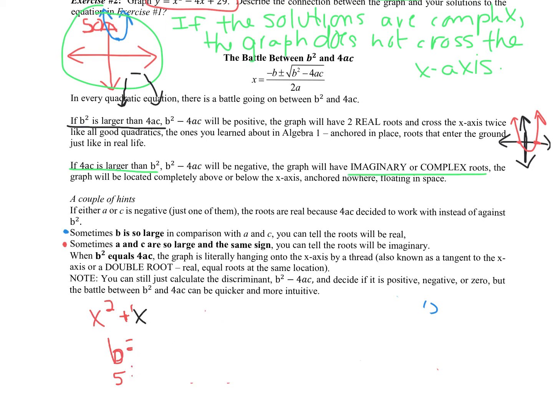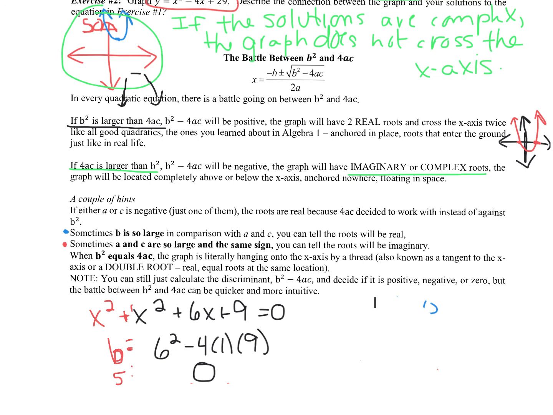So if I have x squared plus 6x plus 9 for my quadratic, if I did the discriminant, that would be 6 squared minus 4 times 1 times 9. So that gives me 0. So if I think about my quadratic formula, even though we didn't talk too much about the graphs, we did have one where the discriminant was 0 in the quadratic formula lesson.